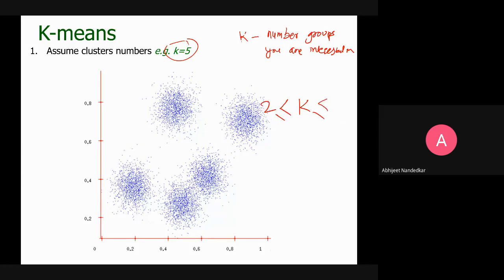Maximum value: how much can you go on making the clusters? At most you can go up to the number of samples, so each individual sample becomes a small cluster. If I have 10 samples and I make every sample a cluster, then the maximum k can be 10. I cannot have 100 samples and k equal to 500. So this is not possible.